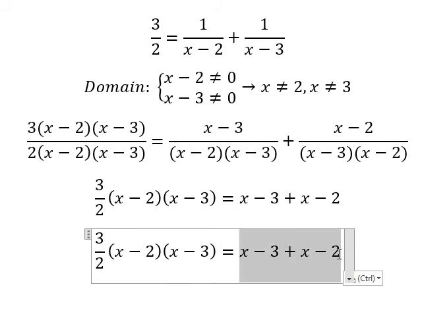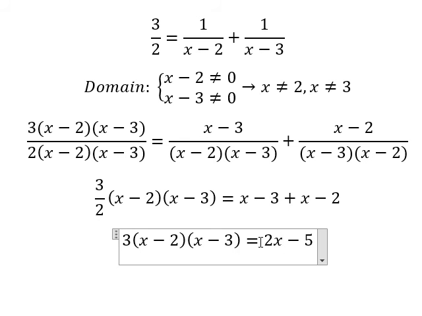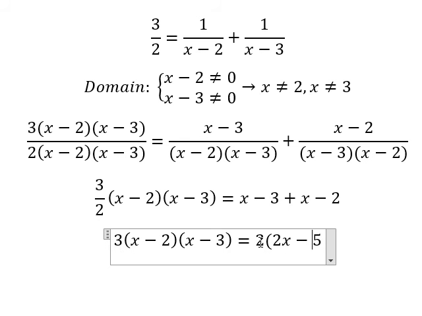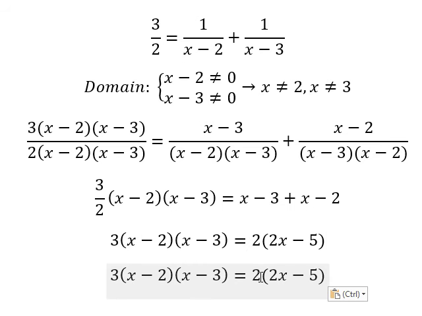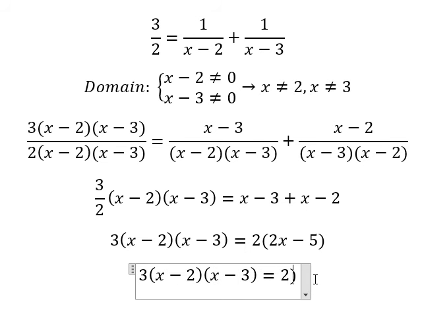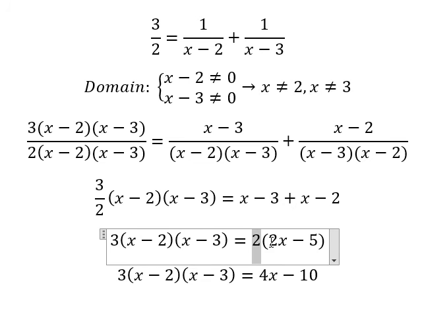This one we have 2s minus 5. This one we put 2 to the right. So this one we have 4s minus 10, because 2 multiplied by 2s and 5.